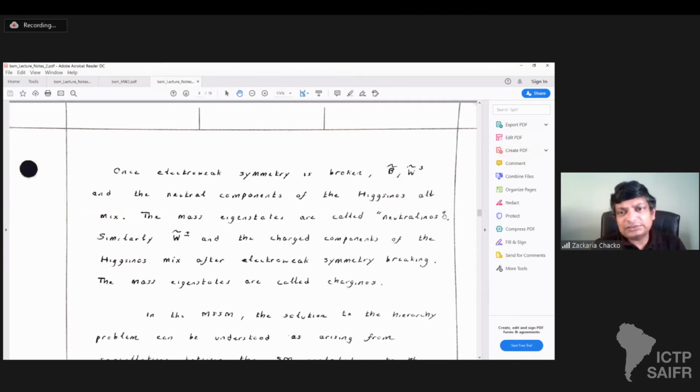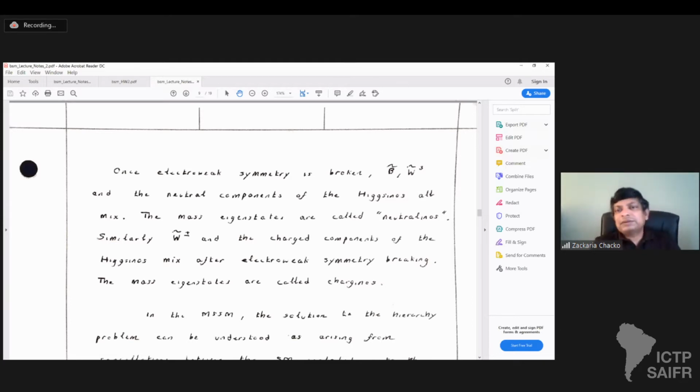So the mass eigenstates are called the neutralinos. And similarly, once electroweak symmetry is broken, the charged components of the wino and the charged components of the Higgsino start coupling to each other. They mix, and the mass eigenstates are called the charginos.